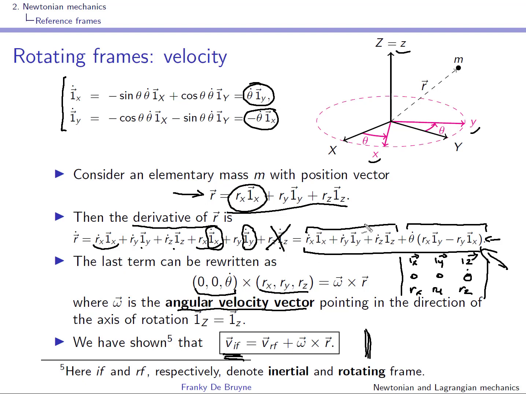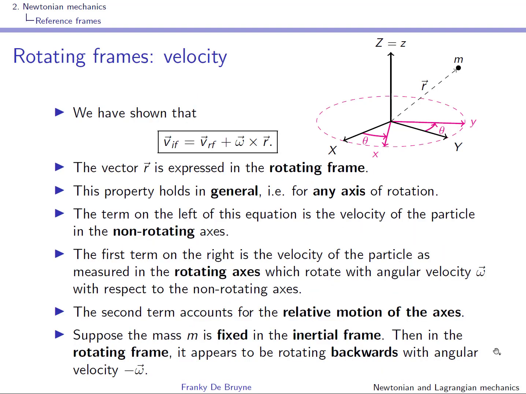This is the velocity vector in the rotating frame, R for rotating and F for frame, and you need to add a term that comes from this cross product. So this is the equation that we've shown in the previous slide.